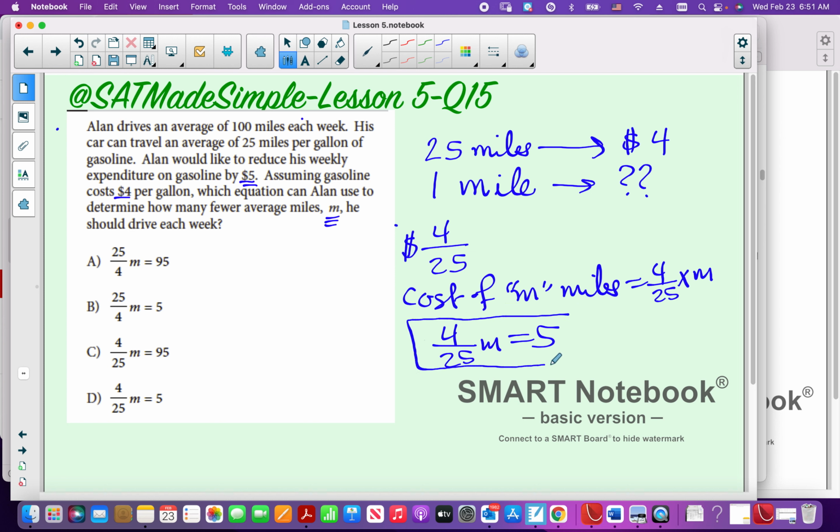So that's the equation that we need to set up in order to find how many miles he should drive less in order to save $5. So that makes D the correct answer.